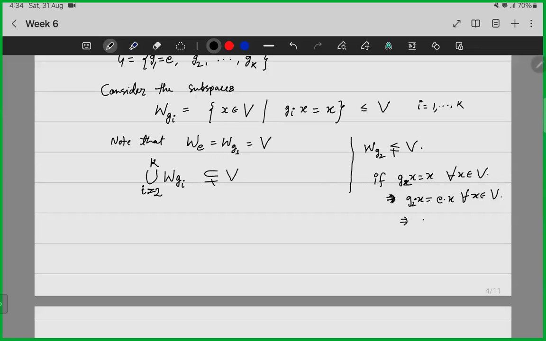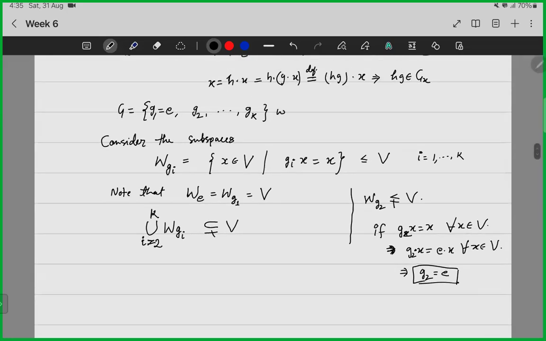This will imply g2 is equal to e. When two maps are equal, g2 is one automorphism of V, e is also an automorphism of V, and g2 and e are both different in the collection, since in a set we don't repeat elements, so gi is not equal to gj.